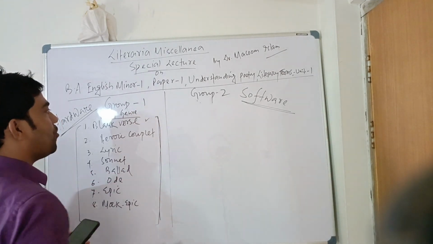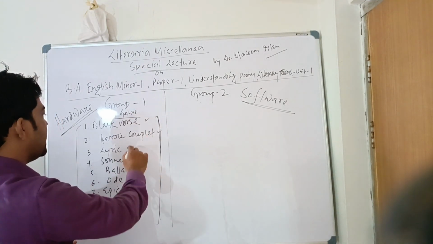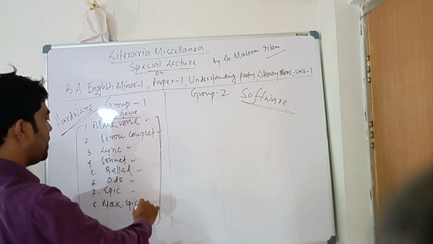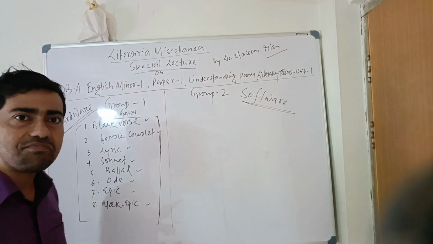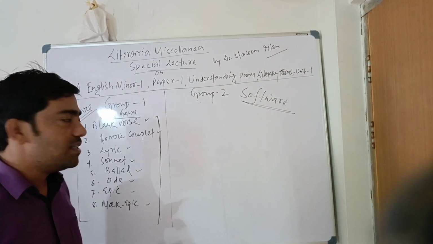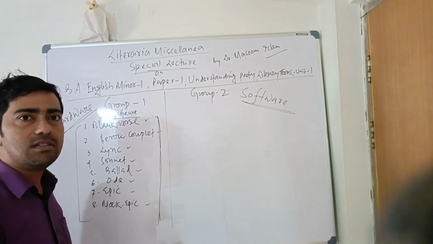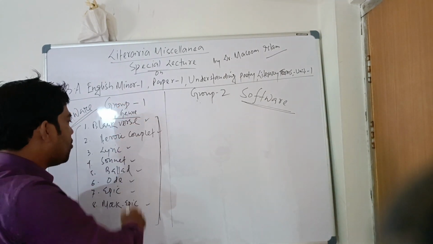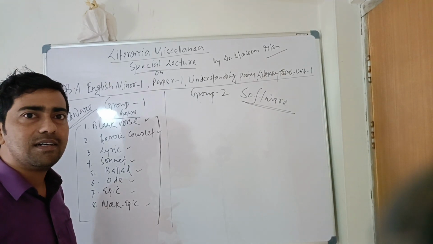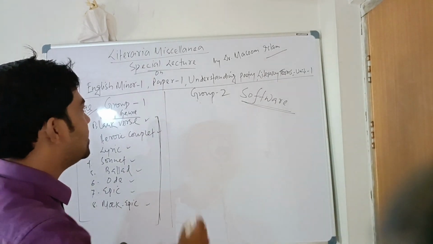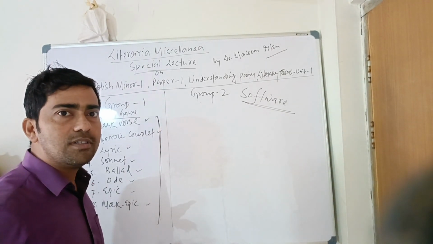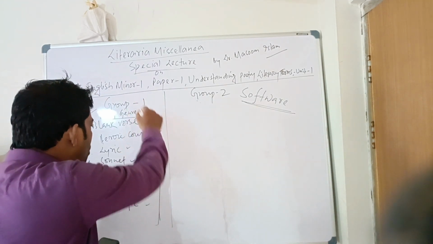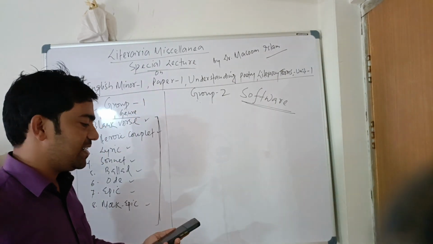Blank verse is one poetry genre, heroic couplet, lyric, sonnet, ballad, ode, epic, mock epic. There are certain rules for this poetry, for this genre. And group 2 is part of this poetic genre.